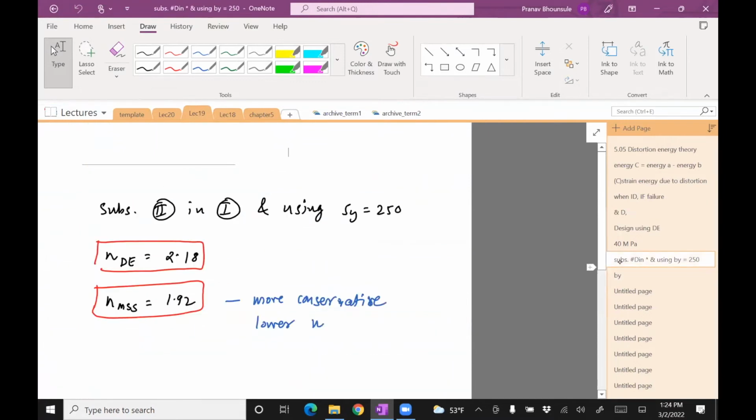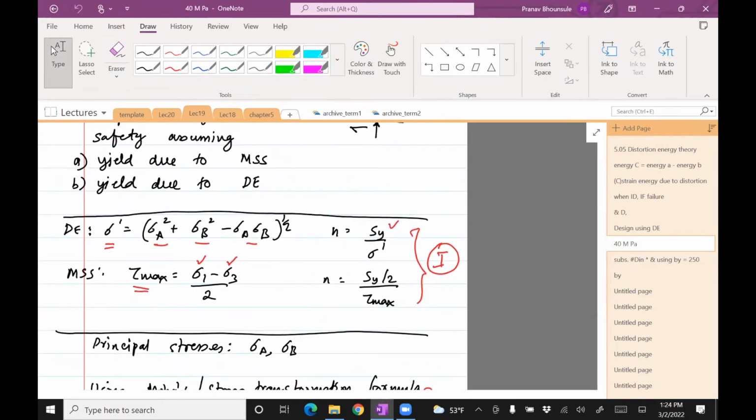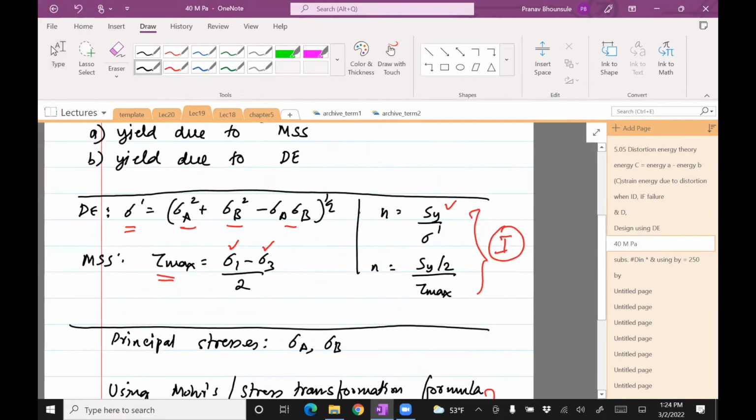So these are the design equations for MSS and D, which is just saying that normally sigma prime will be SY for verge of failing, but by keeping sigma prime lower than SY by a factor of n, or in other words, sigma prime is SY divided by n.